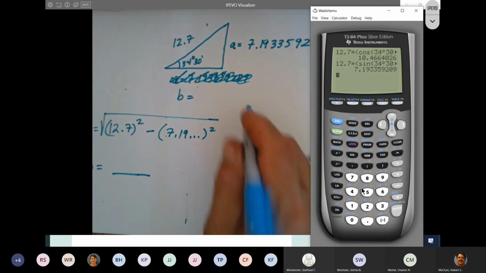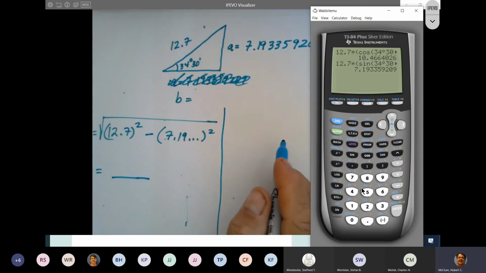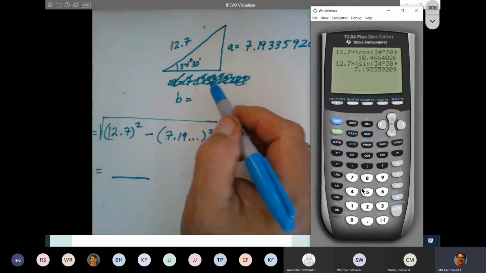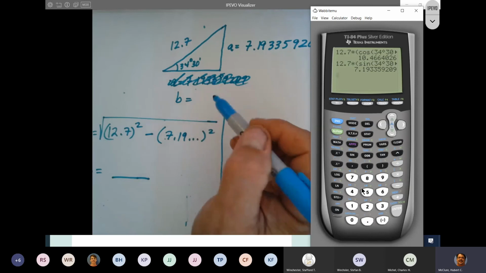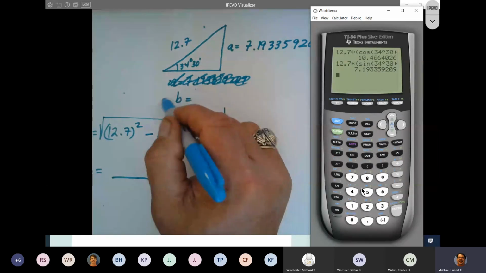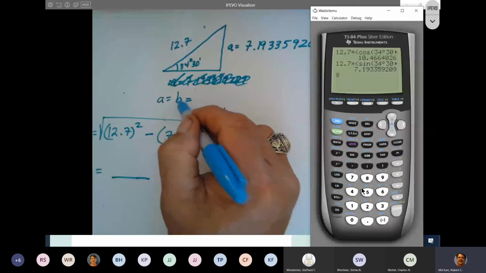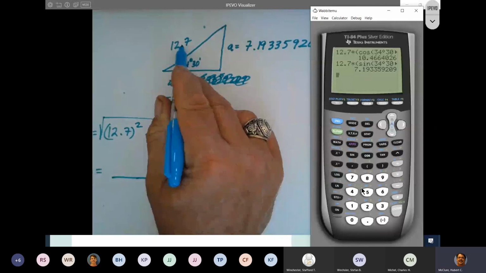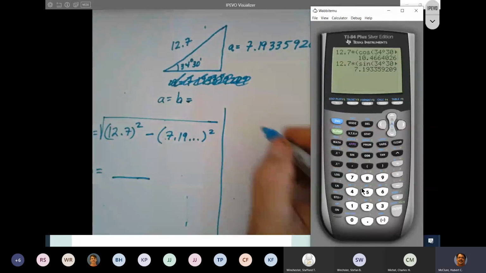Or think about it, what do we have? Well, I can use the cosine. Cosine is adjacent over 12.7, so I can use the cosine if I want to do that.